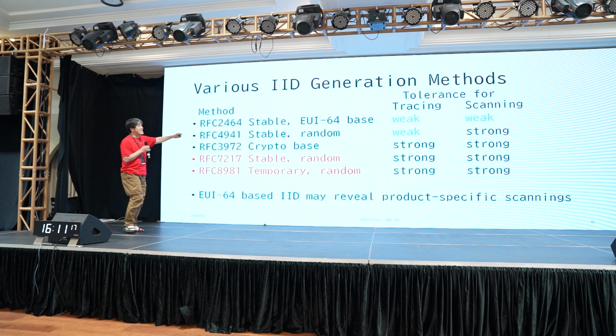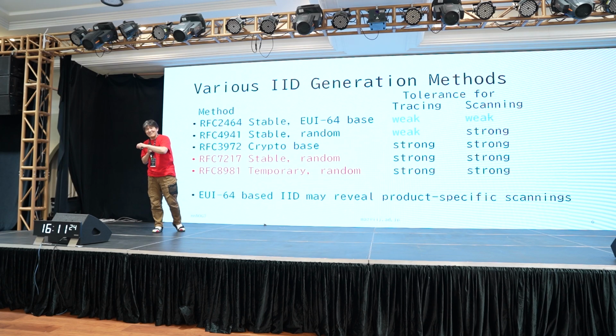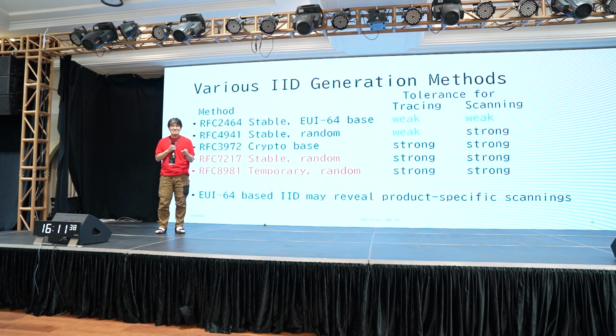Because if you have a too stable address for your IID, even when you are traveling abroad, someone can still trace or tell that the access is actually coming from your computer, right? Like you are using a unique ID for your computer. With that, people can tell, oh, okay, this guy is still accessing from this computer.